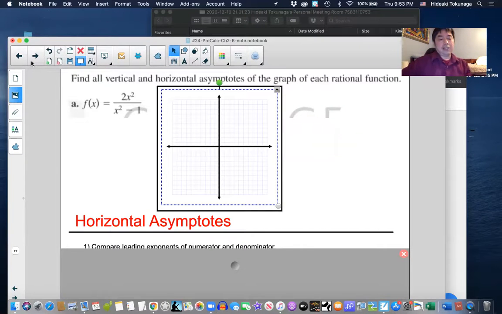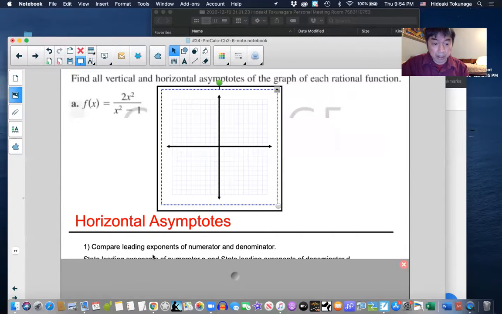First, you see the rules of horizontal and vertical asymptotes. This is how you find horizontal asymptotes. First thing you have to do is compare the leading exponents of the numerator and denominator.